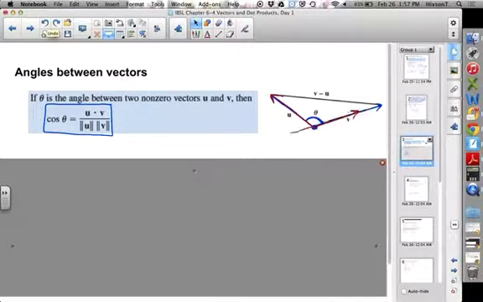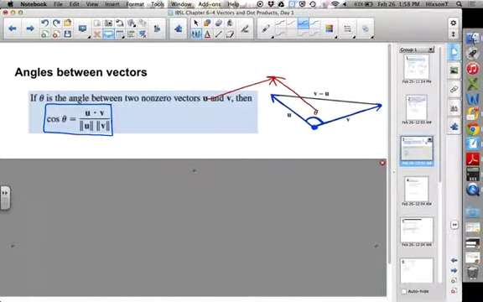If I did v, and then u, this right here would be v plus u. Well, if I wanted to do minus u, I would go like this. So that would give me this vector right here, which would be v minus u.